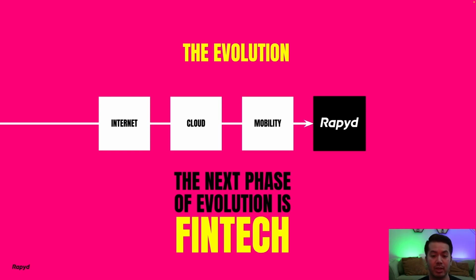And so we look at just the history of how did we get here. Of course, we had payments offline before the internet. And then as the internet came on, people began to trust the internet, trust websites, and trust internet payments. And then payments started to move towards the cloud. And of course, mobile payments and the mobility of payments started to arise. And now we see Rapyd as representing one integration for wherever the evolution of fintech will move towards.